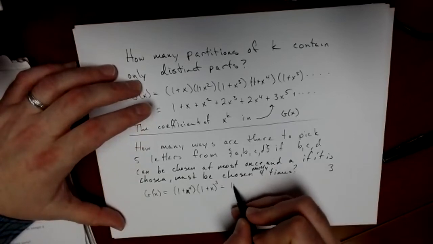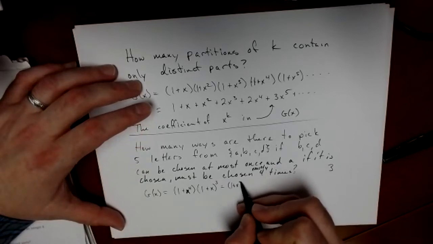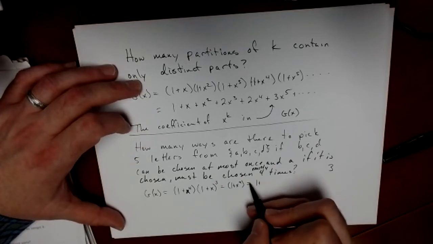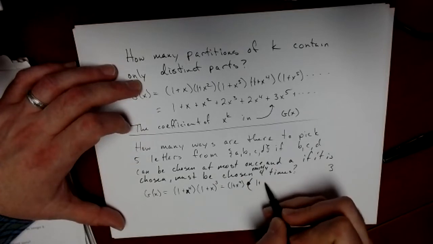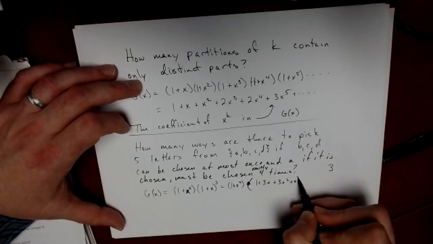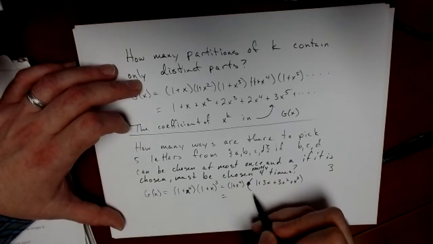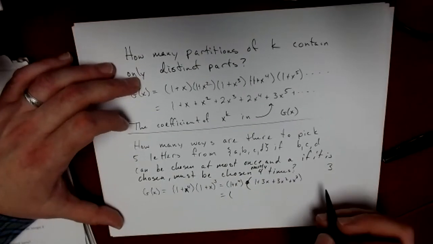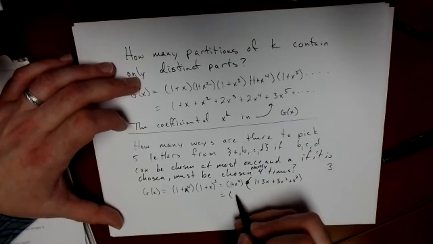If I multiply that out, and I'm going to actually do it by hand here real quick. So that's 1, oh, that's supposed to be times. 1 plus 3x plus 3x squared plus x cubed. I don't have this one written out, so that's why I'm actually doing math in front of you.